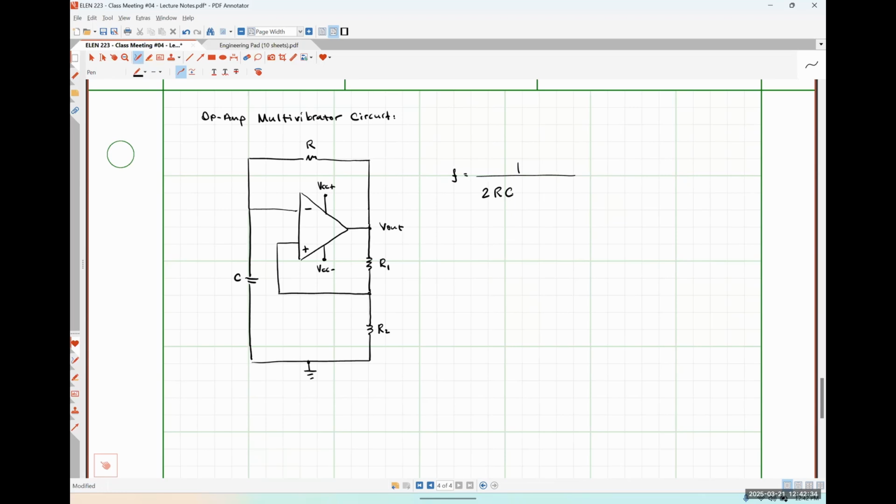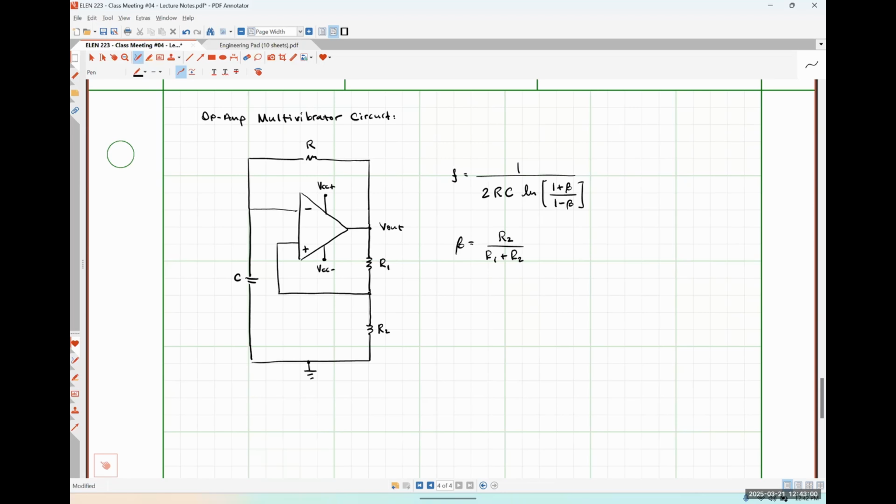before it starts over. And then we're going to have the natural log of 1 plus beta over 1 minus beta, where beta is just the voltage divider ratio for R1 and R2. So that'll be simply R2 over R1 plus R2.